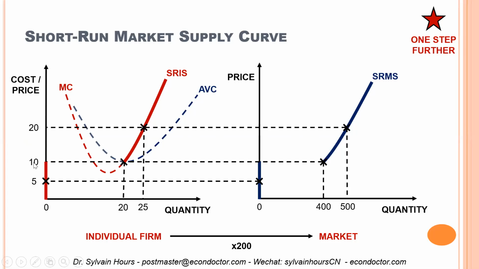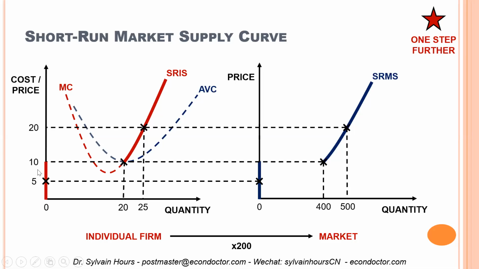If the price is $10, each business is going to supply 20 units, and since you have 200 businesses in this market, overall these 200 businesses will supply 4,000, sorry, it's a mistake, 4,000 units at a price of $10.